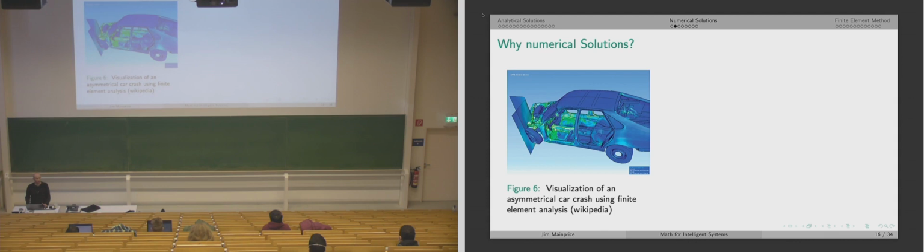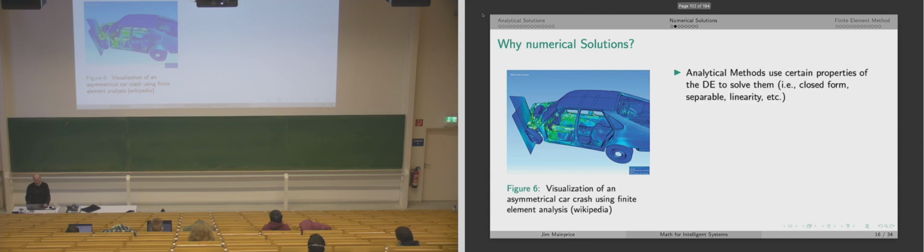This is governed by differential equations as a model, but you're never going to have an analytical solution to that problem. That's why we want numerical solutions: to guide the process of engineering and to guide decision-making in autonomous systems.